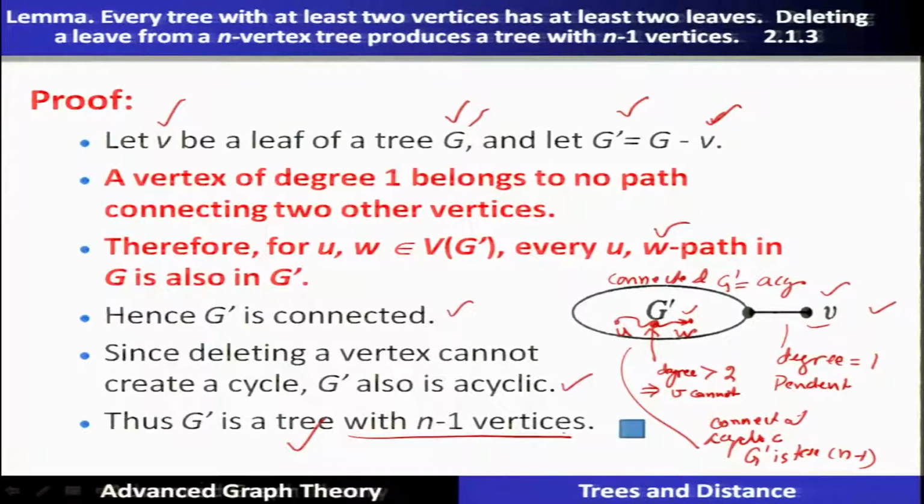So we started with a tree, which is a graph. Every tree has at least 2 leaves, as we have seen in the previous theorem. If we take one of these leaves, let us say V, and remove it from the graph, the resulting graph is G prime.